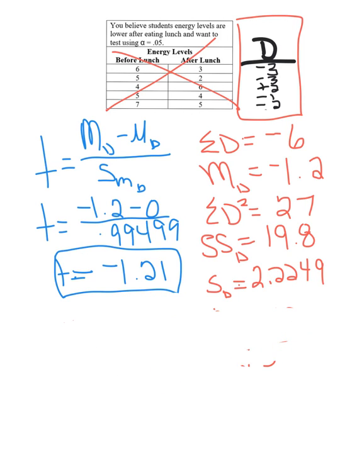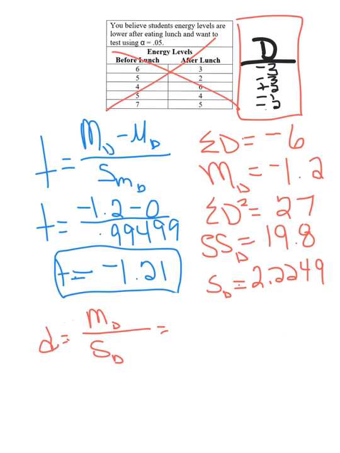Okay? Our effect size to calculate that is Cohen's d. It's literally just the mean of the differences divided by the standard deviation of the differences. So it's really the same equation overall.